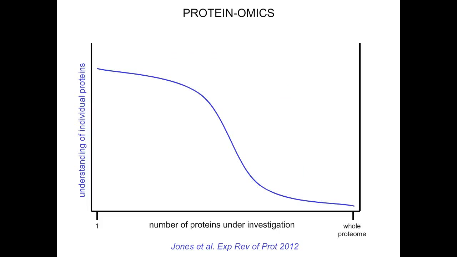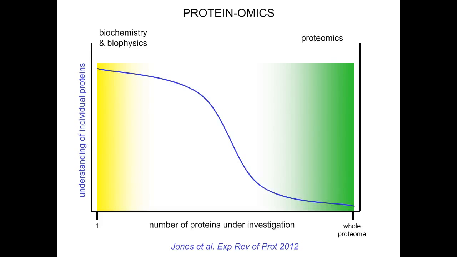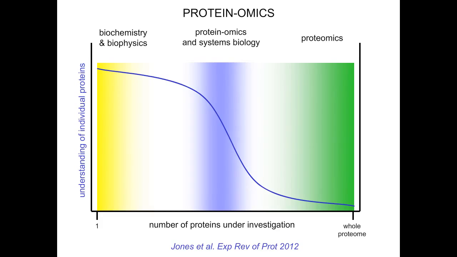So as I've approached the study of protein systems, I show here a graph that describes the understanding of individual proteins, and this is typically performed with biochemistry and biophysics methods, where individual proteins are expressed, purified, and subjected to a variety of tests to understand in quite some detail the individual molecular events that lead to protein activation. At the other end of the spectrum, we have proteomic tools to understand whole proteomes.